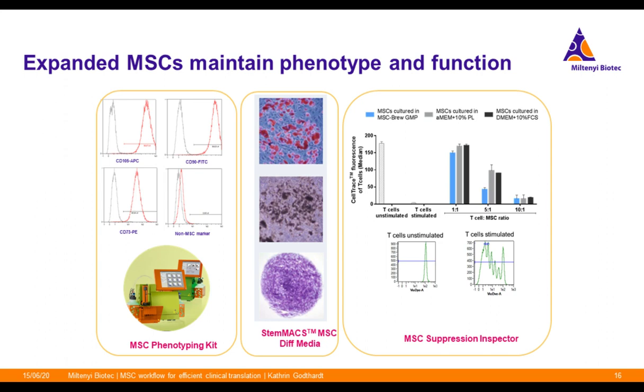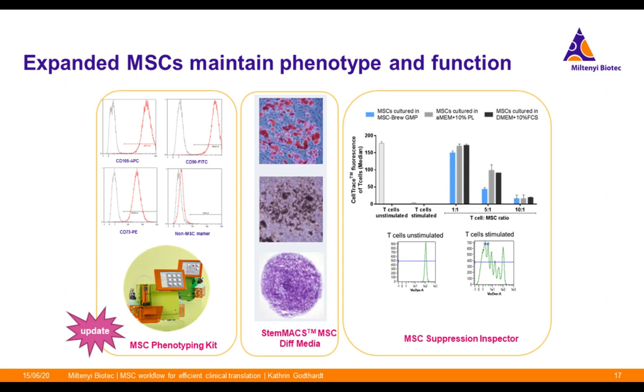So here we use the MSC Suppression Inspector to look at the T-cell suppressive potential of MSCs. And as you can see here, the potential is quite preserved and quite high compared to the homebrew media shown here in this graphic.